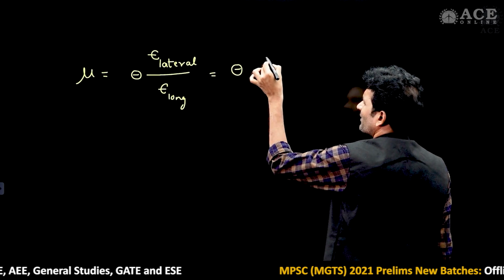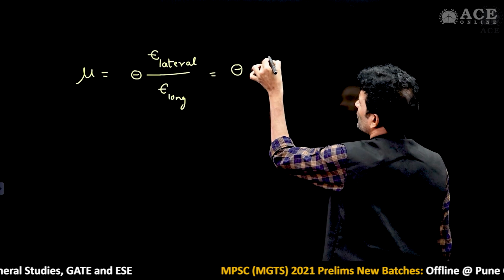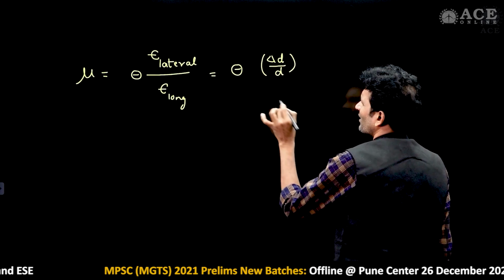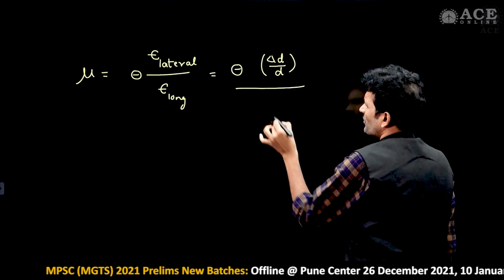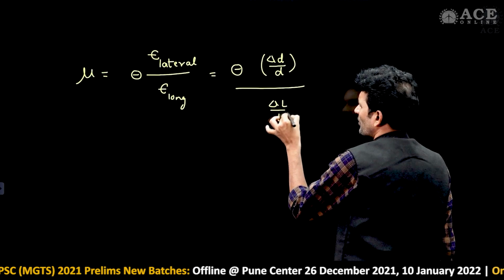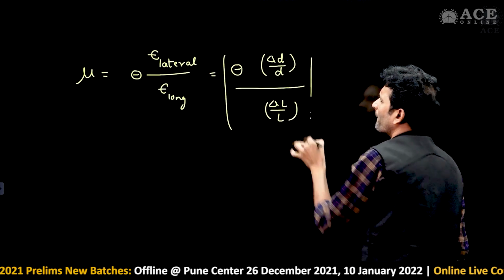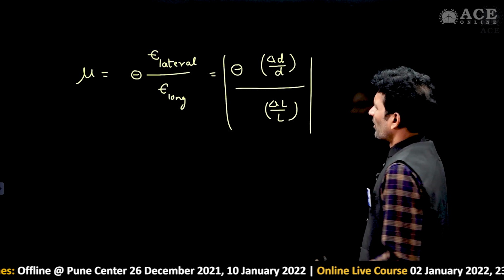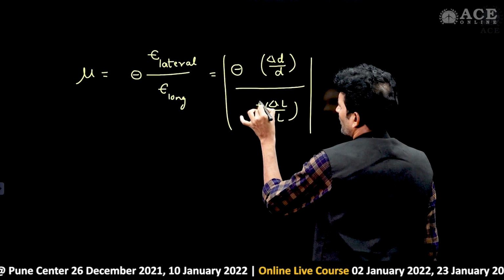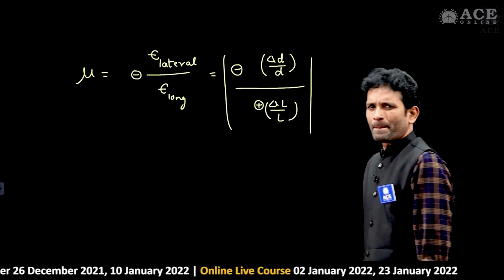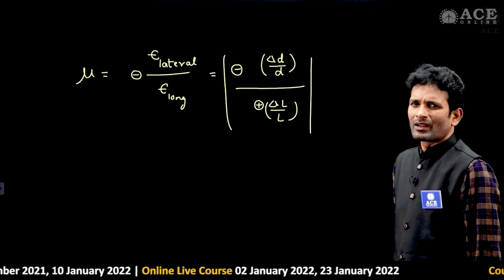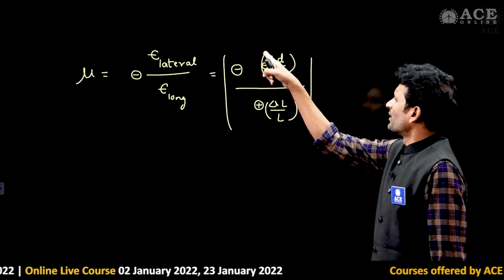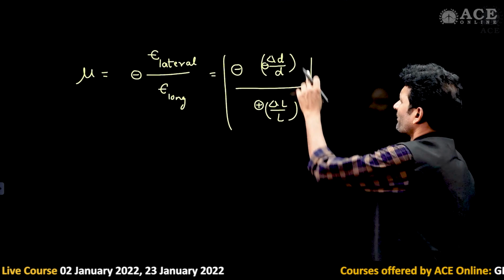The lateral dimension is the diameter D. So the change in diameter divided by the original diameter gives the lateral strain, over the change in length divided by the original length, which gives the longitudinal strain. Here we observe elongation in the length direction, and contraction, a decrease, in the diameter.